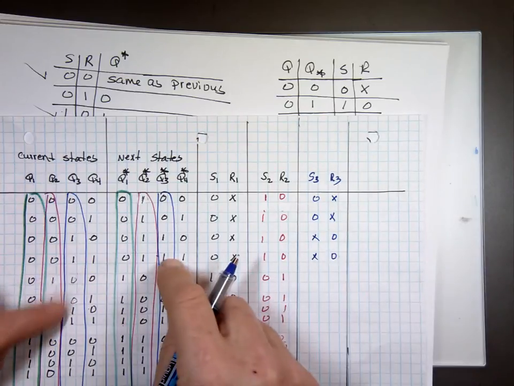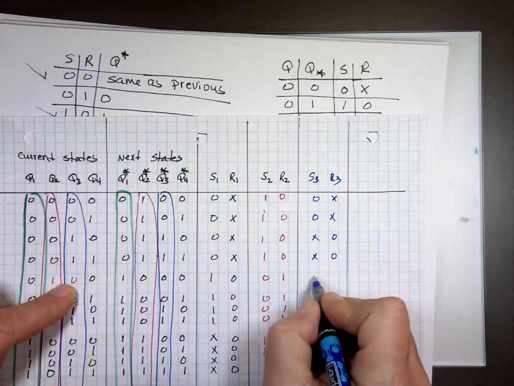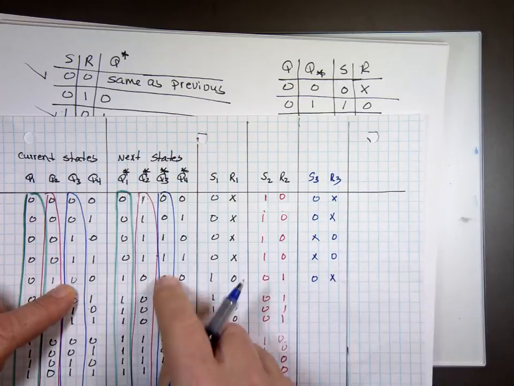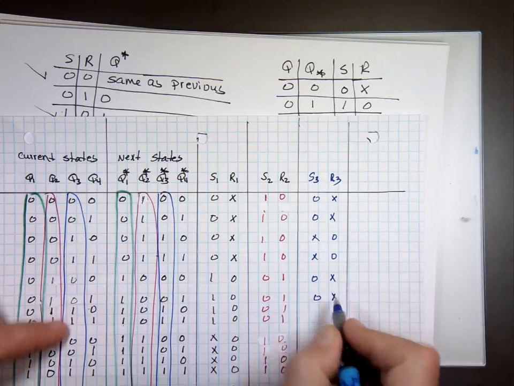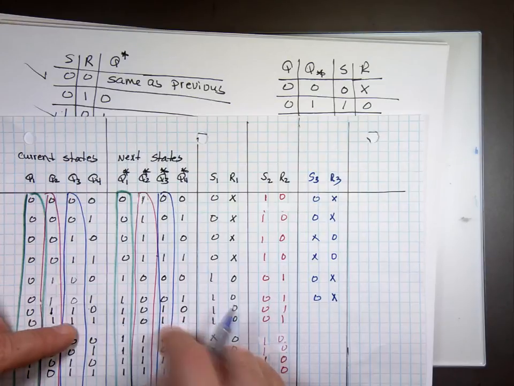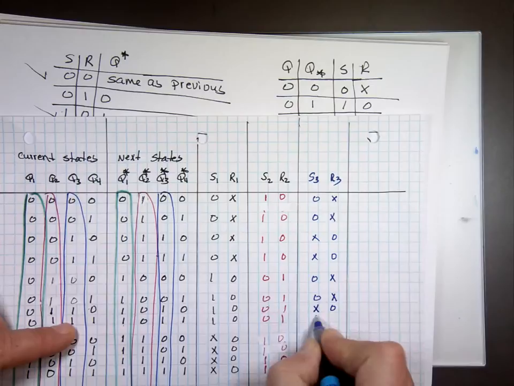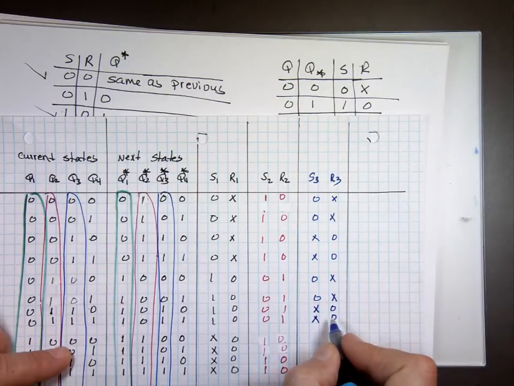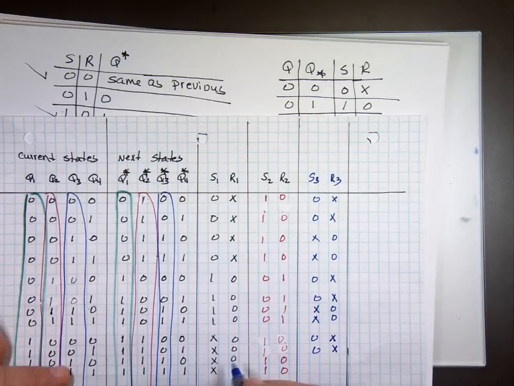Then 0 to 0, 0 and don't care. 0 to 0, 0 and don't care. Where's my finger? 1 to 1, 1 to 1. Don't care, and 0. 0 to 0, 0 and don't care. 0 and don't care, 1 to 1.